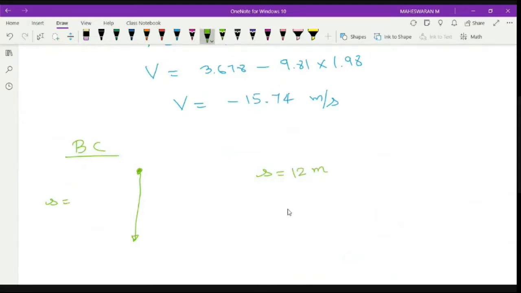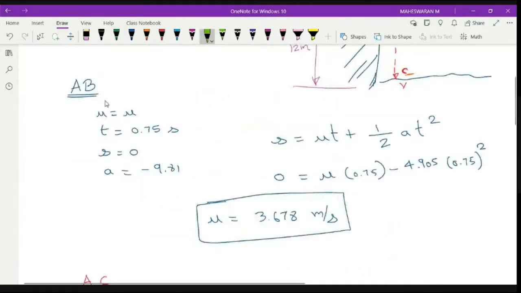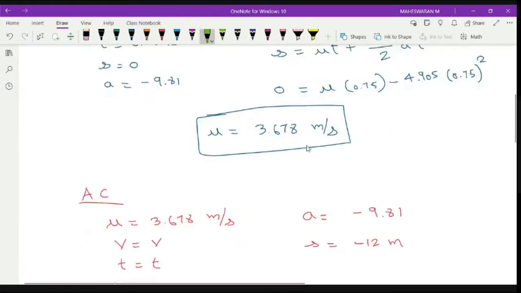And your U is your initial velocity at this location. At this location, what is my initial velocity? That I have to identify. How to do that? From AB, I can identify that. I can put V is equal to U plus AT: 3.678 minus 9.81 into 0.75.